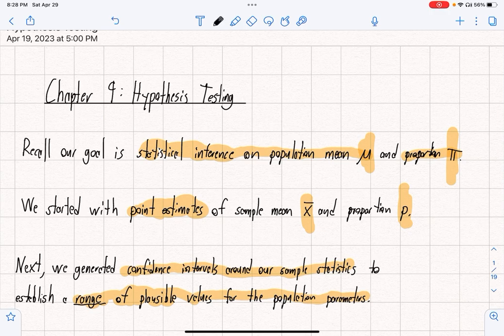So recall, we had just like this one point, we call it, say, x bar. But then we created an interval around x bar. So this is x bar plus margin of error. And then we had x bar minus margin of error. And that was the last chapter.